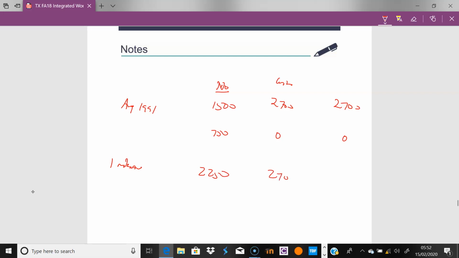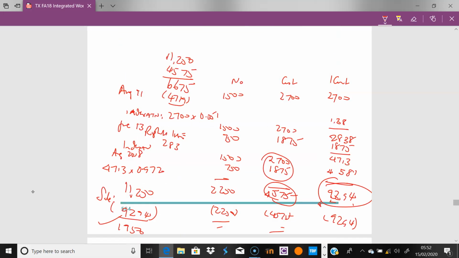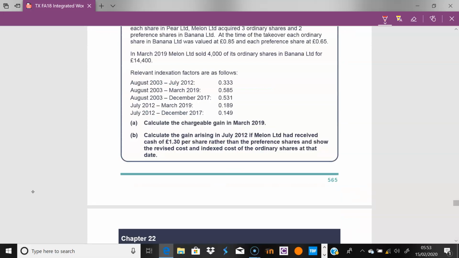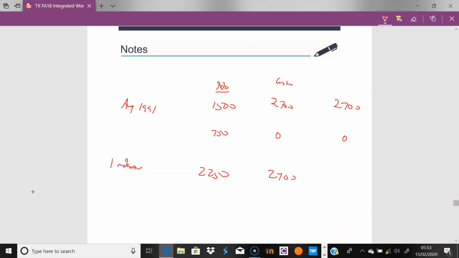You have cost of 2,700, and when you index this, you can't index from June 93 to August 2018. When did you get those shares? You got them in August 91, so it's August 91 to December 2017, 1.074. That's the indexation. So that's what we're really doing in effect.